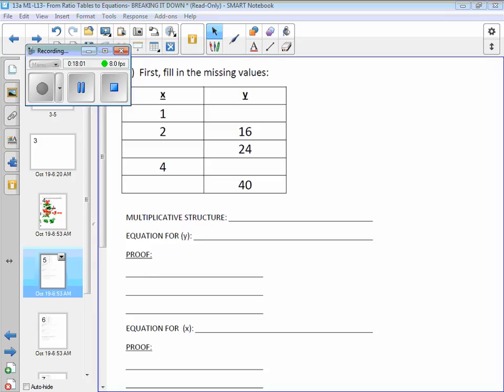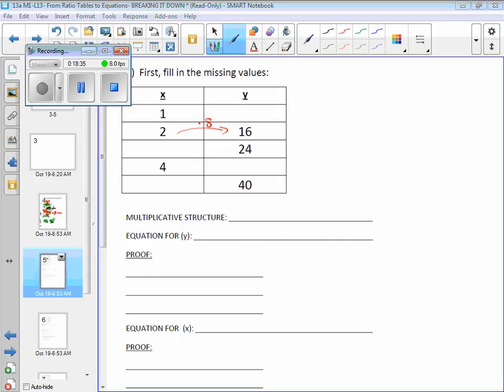When you look at it, there's a missing piece in every single row except for which one? There's a piece missing here, here, here, and here. There's nothing missing here though, is there? 2 to 16 is a complete ratio, right? What's the multiplicative structure of 2 to 16?